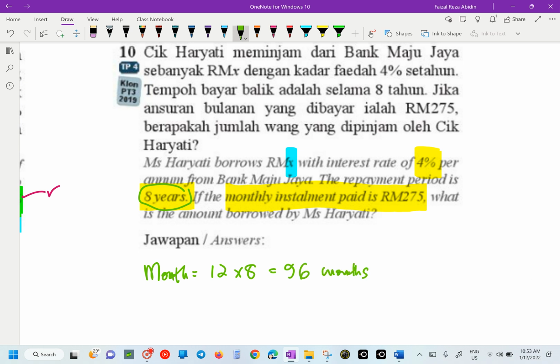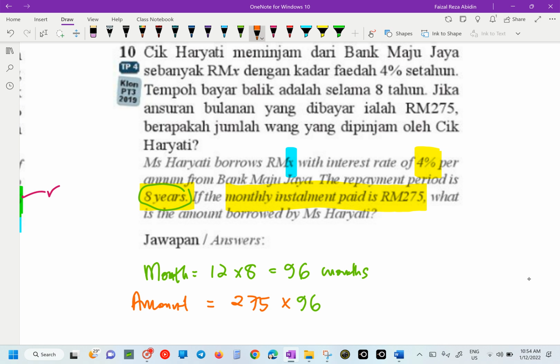After I get 96 months here, our monthly installment is 275. So can I find the amount that she has to pay? The amount that she has to pay over here is 275 ringgit times 96 months.